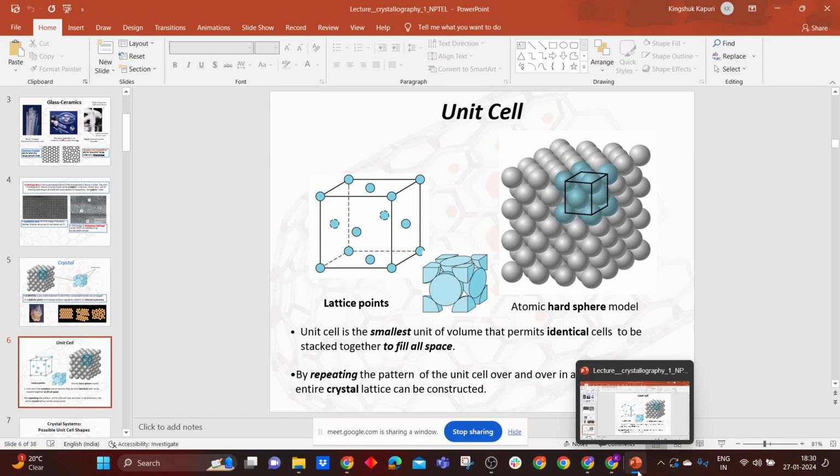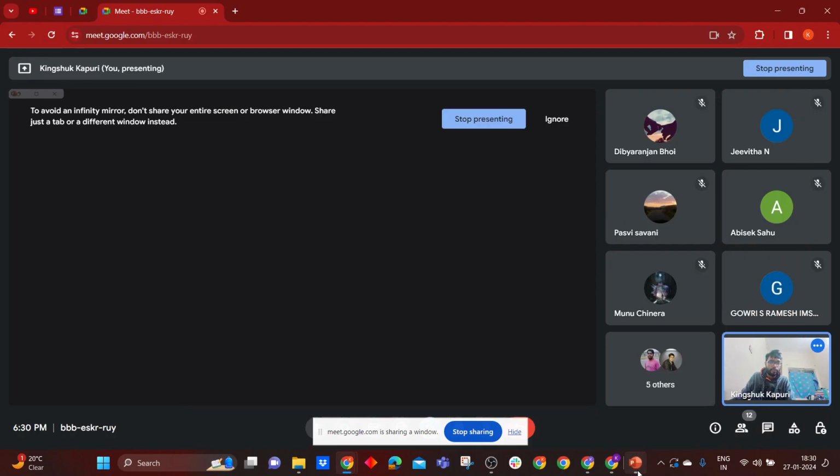If we consider a cube, for example, which has a volume of x cube, the sides are x into x into x. Now, x is a specific distance. How many faces does a cube have? Six.